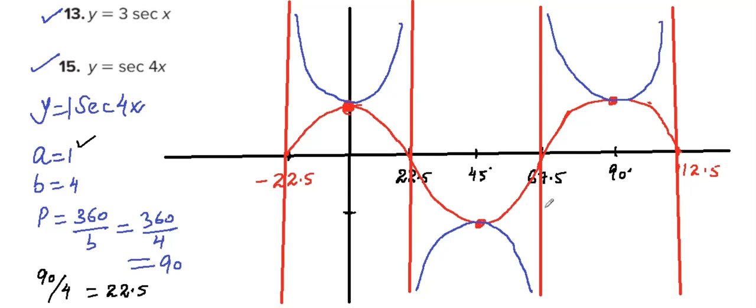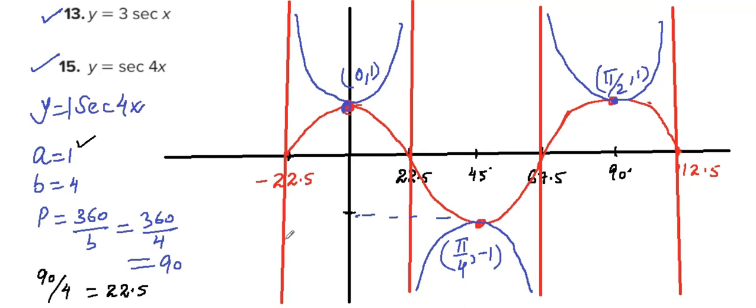Just I want to show you these points. This is 90 and 1, 90 means pi by 2 and 1, and this is 45, 45 means pi by 4 and minus 1, down is minus 1 because this is in front of minus 1, and this is 0 and 1.